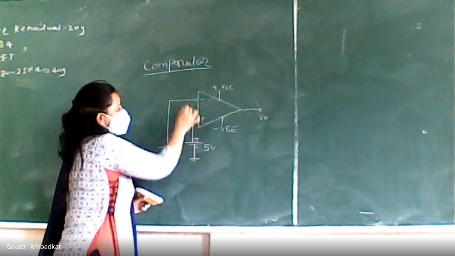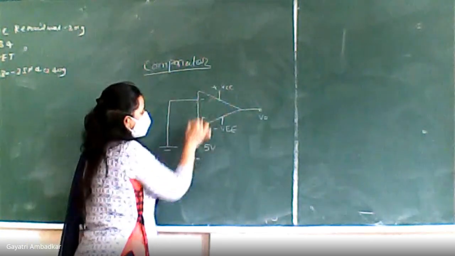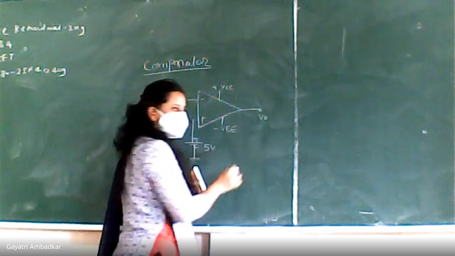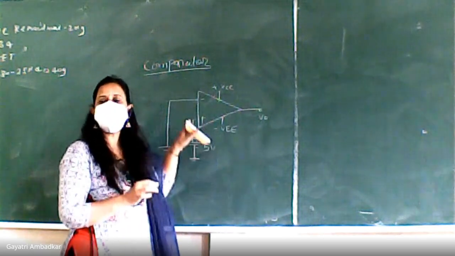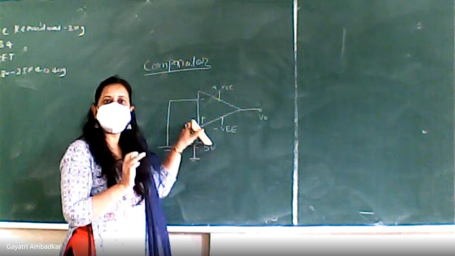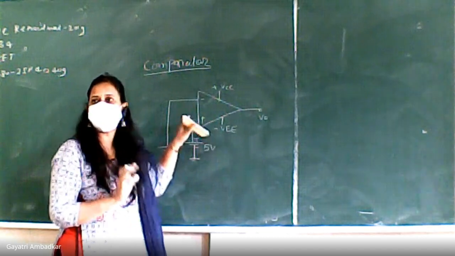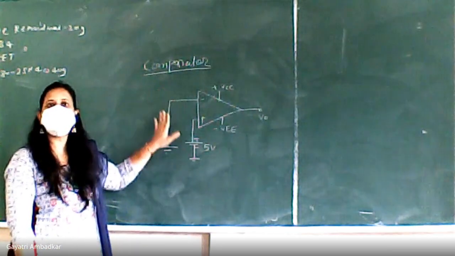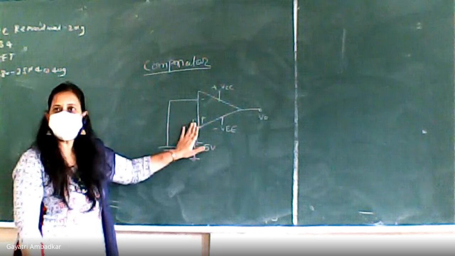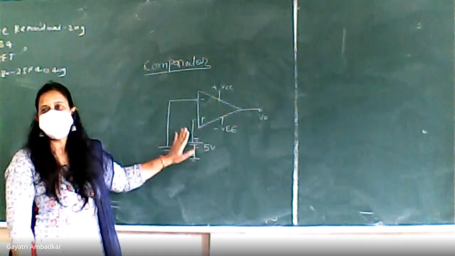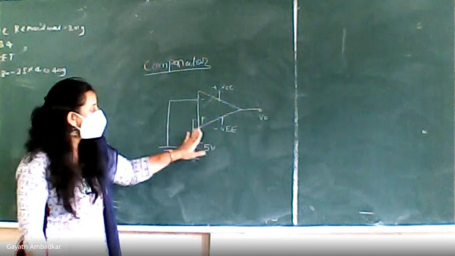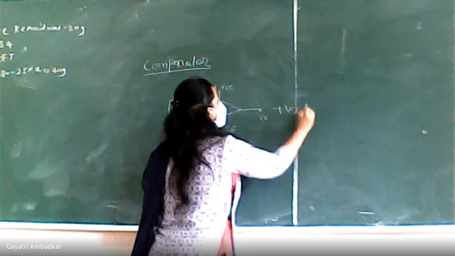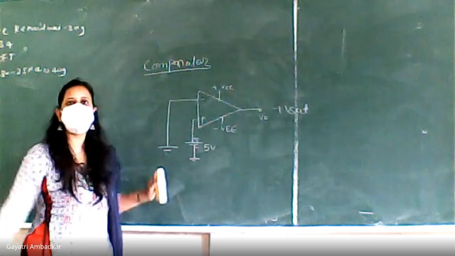So whichever is higher, it will give you the saturation voltage followed by the sign of the terminal where the higher input is connected. In this case, one is 0 connected at inverting, another is 5 volt connected at non-inverting. Which is greater? 5 volt is greater. So the op-amp will give you plus Vsat, because this is connected to the positive terminal.